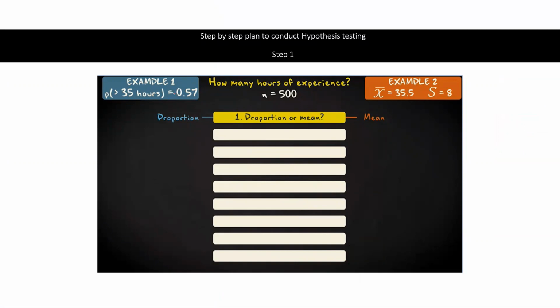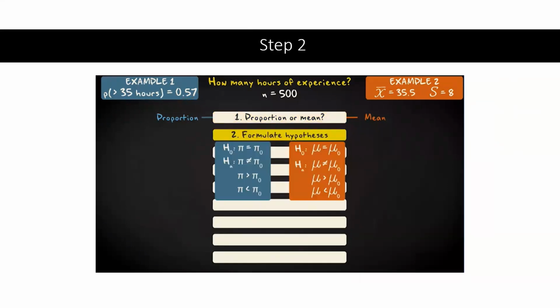Let's say in the first example I have a proportion of 0.57 and in the second example I have a mean of 35.5. Second would be to formulate the hypothesis, which means what will be my null hypothesis here.